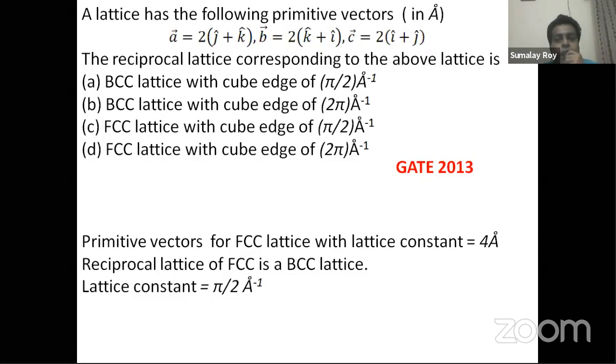Now, when you can identify that these vectors are primitive vectors of FCC, you don't have to solve the problem. You can directly say: if it is an FCC lattice, the reciprocal will be a BCC lattice. If the lattice constant is A, then in the reciprocal lattice it will be 2 pi by A. Now here, from the definition of the lattice, what is the lattice constant?